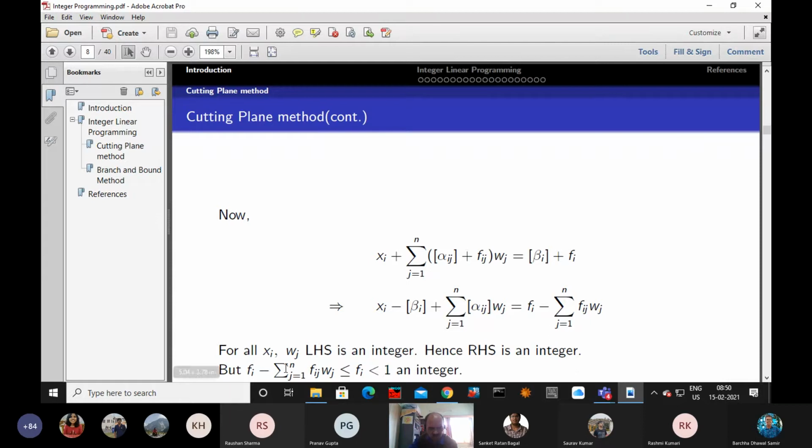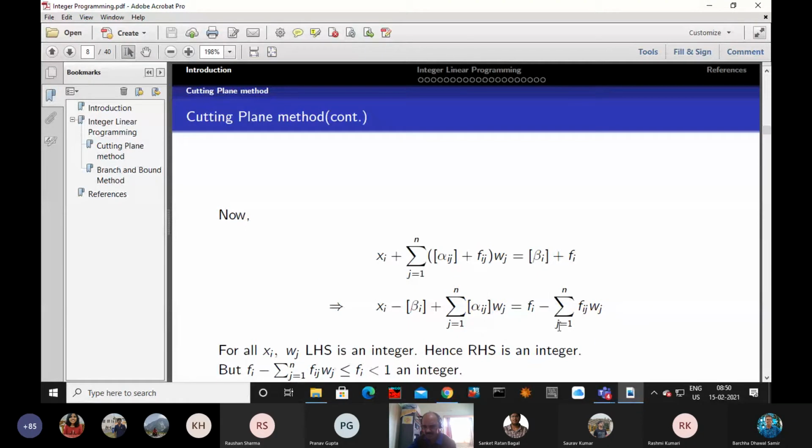So now for all xi and wj, the left hand side is an integer. Hence, the right hand side is also an integer. Do you believe it? Okay. So we believe it is also an integer. Now forget about the left hand side. What is the right hand side? fi minus summation of j varies from 1 to n, fij wj.